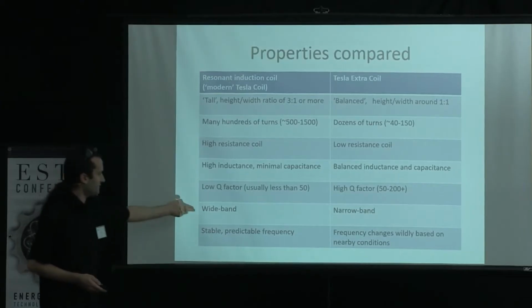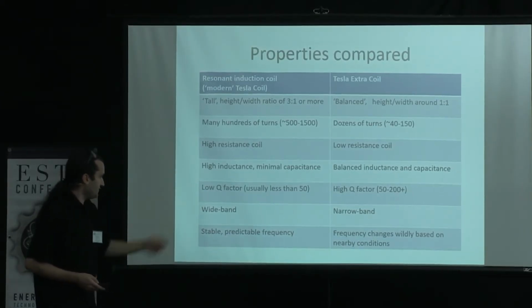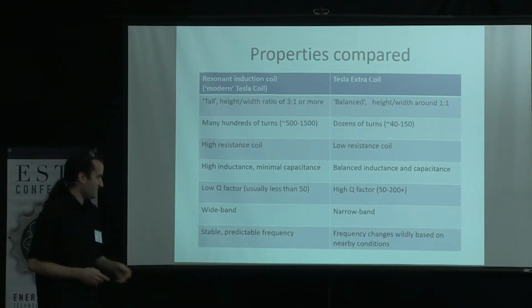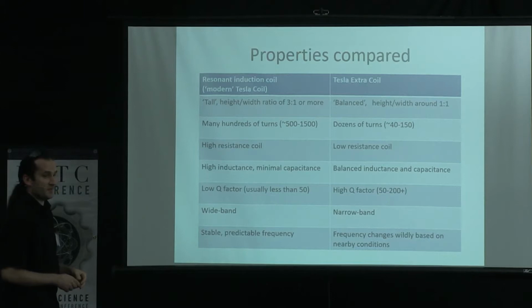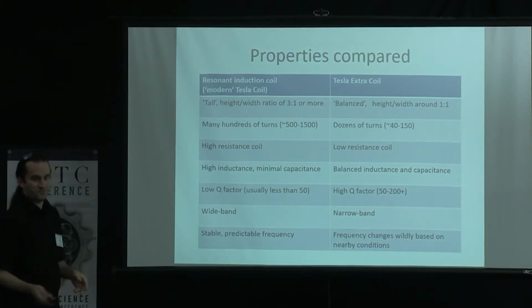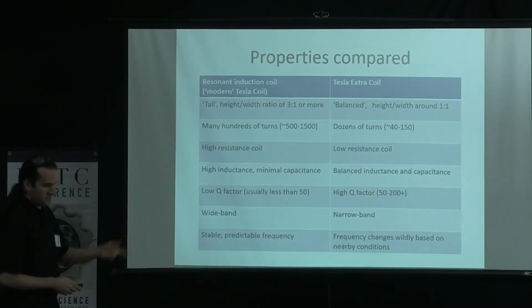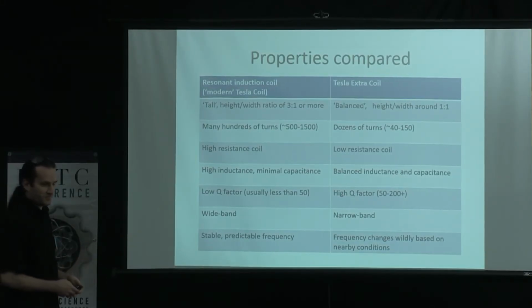As a result of that, the modern Tesla coils tend to be wideband. These Tesla coils tend to be narrowband. And same thing, the modern Tesla coils have a stable frequency because they're only dealing magnetically, whereas these are unpredictable and very difficult to measure, calculate, and tune because of all of these conditions that are involved.